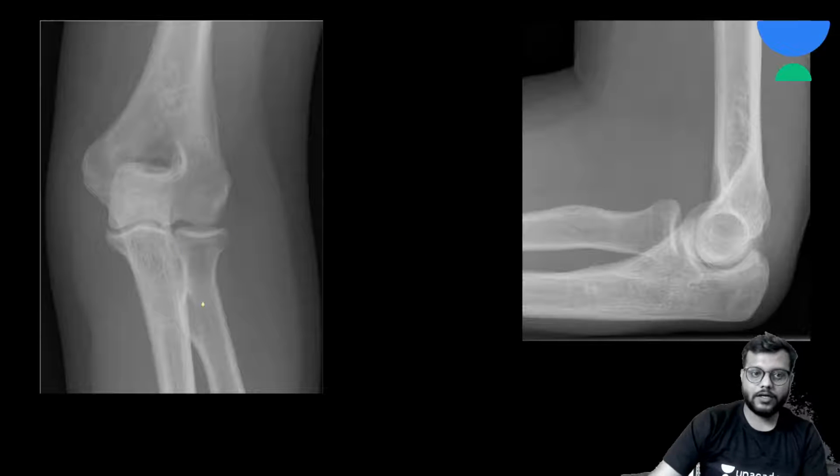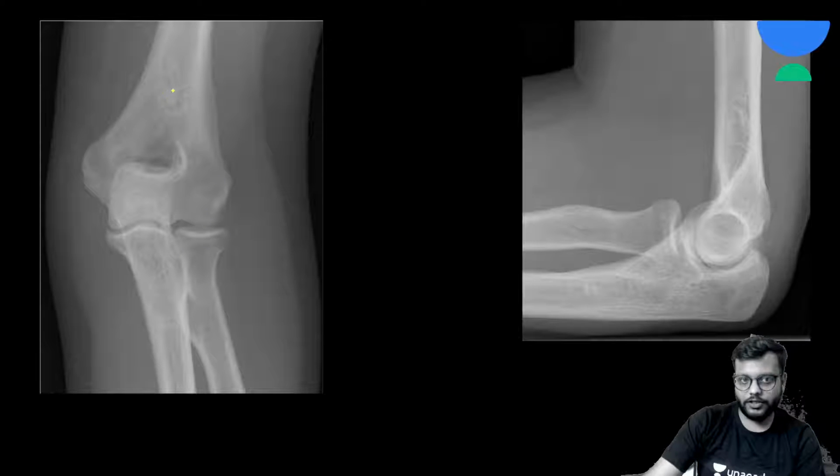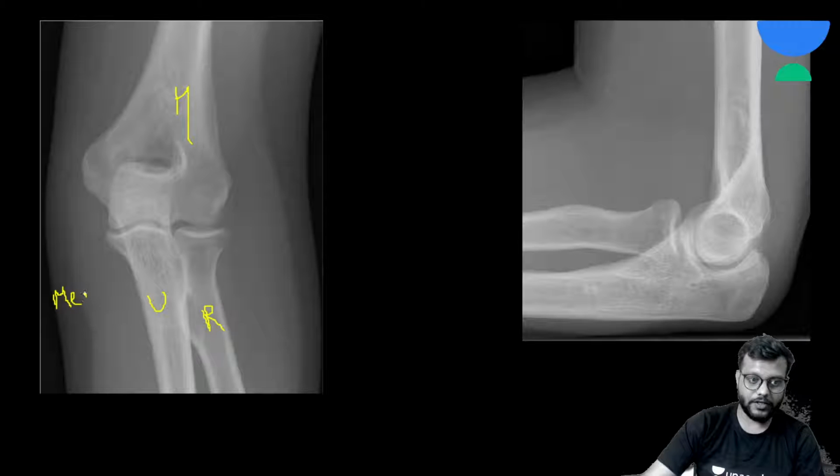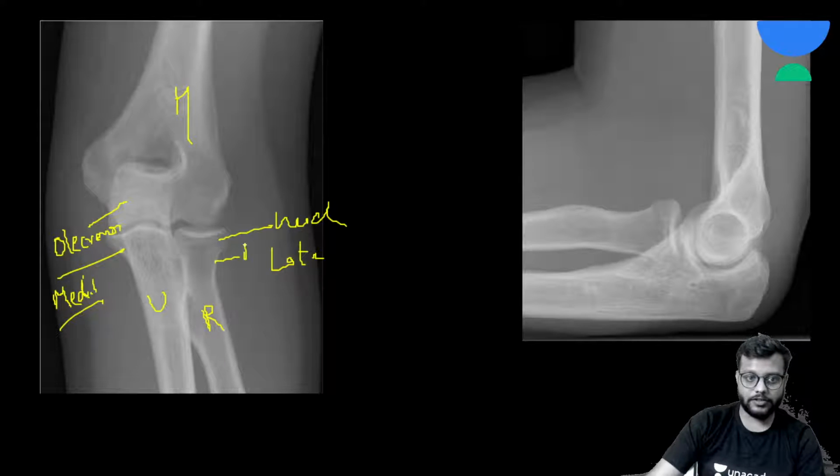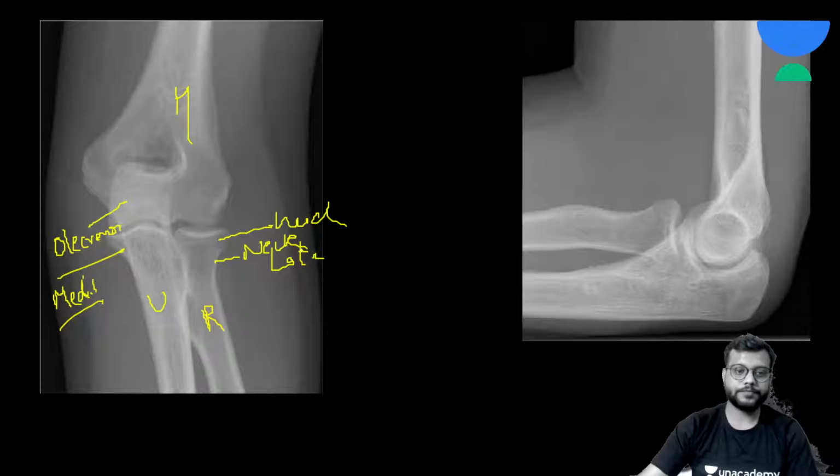See, this is the elbow joint, this is the humerus, the distal part of the humerus. Okay, this is the radius, this is the ulna. So this will be the medial side and this will be the lateral side. Here you can see it is the olecranon of the ulna. Okay, this is the head of the radius, this is the neck of the radius.